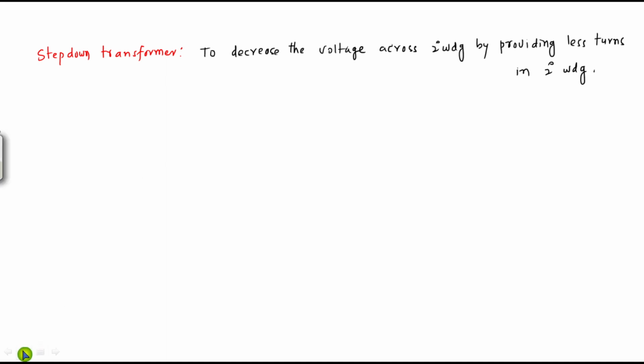To decrease the voltage across secondary winding, we provide fewer turns in secondary winding. So obviously the secondary winding has fewer turns compared to primary winding. That is called step down transformer.